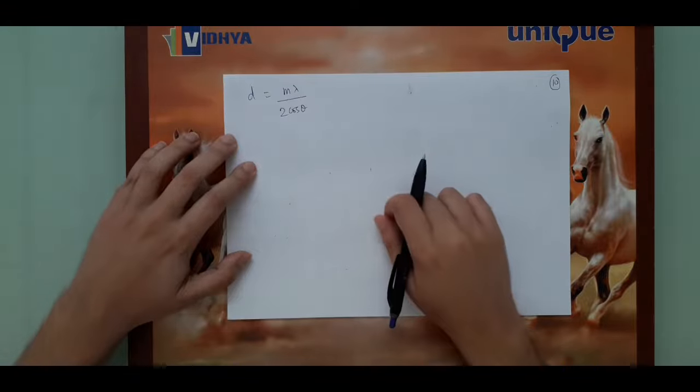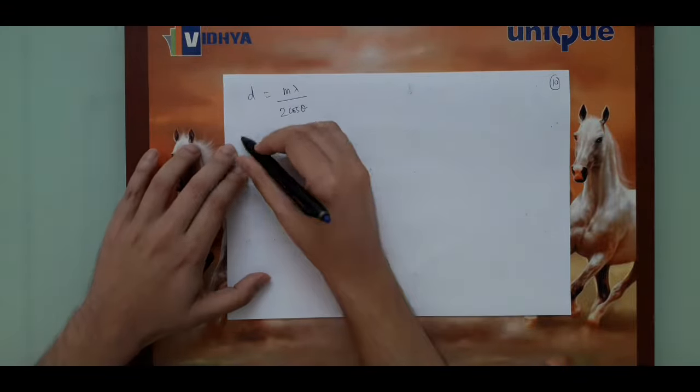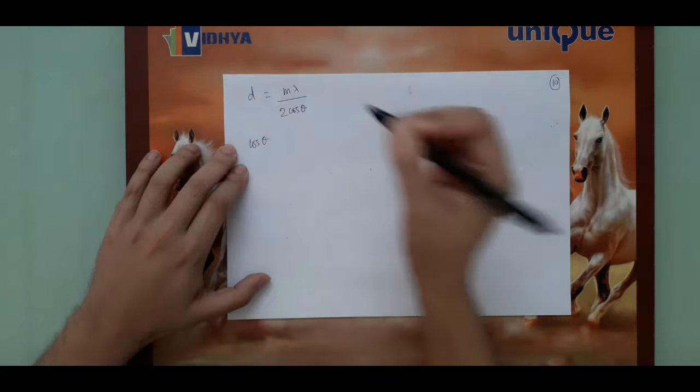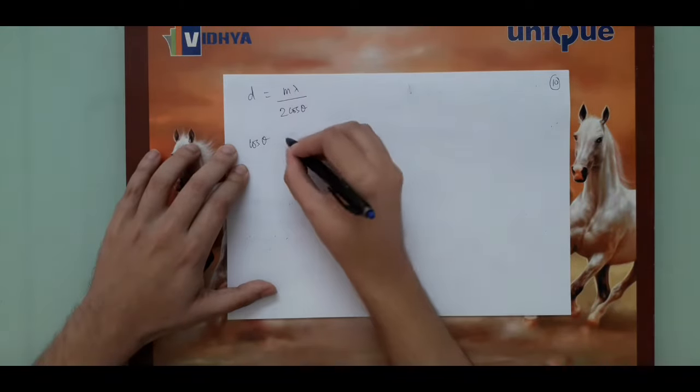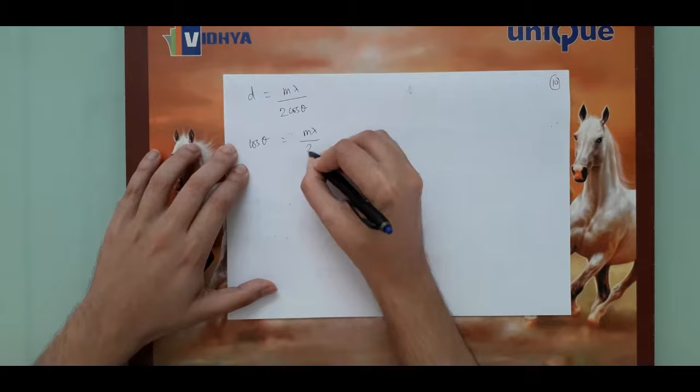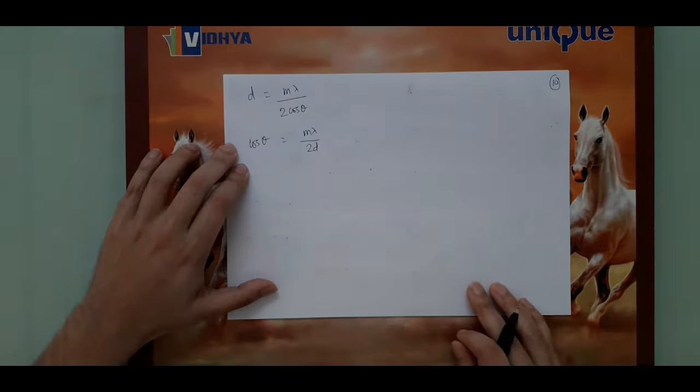So if I want to write cos theta, where theta is the angle of incidence, cos theta is nothing but m lambda by 2d.